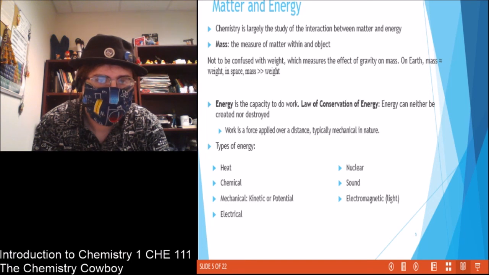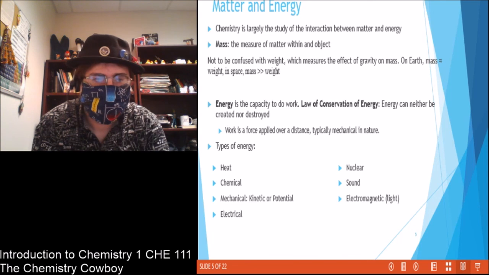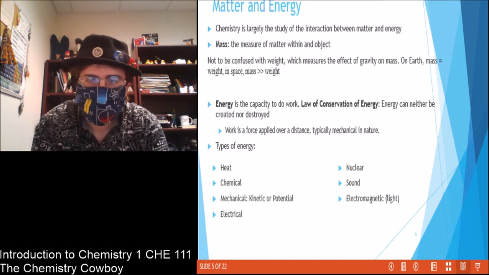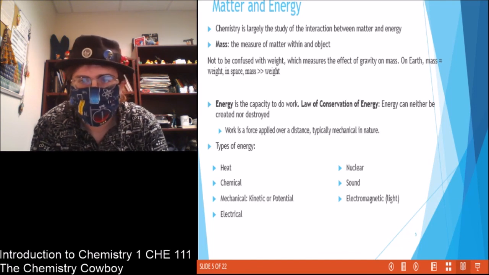Now, energy is the capacity to do work. We'll talk about the law of conservation of energy, that essentially energy cannot be created or destroyed. It can only be transferred. So if I do some physical work, the energy had to come from somewhere. If I'm pushing a block, where's the energy coming from?